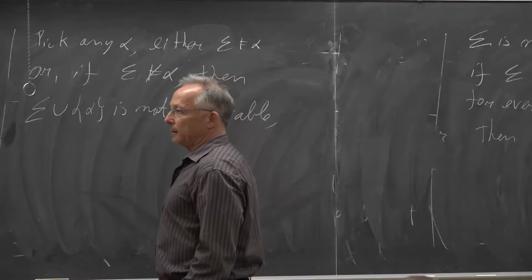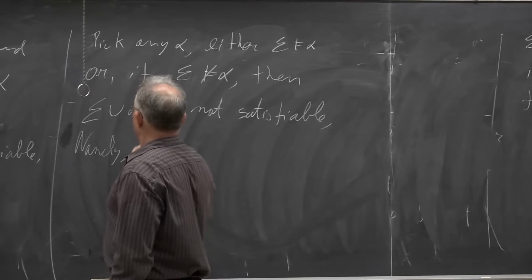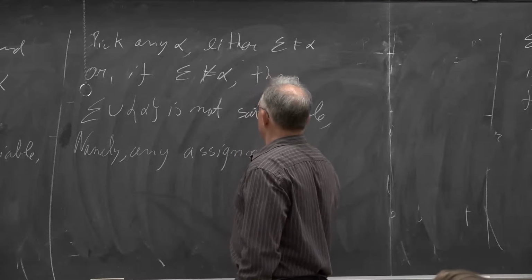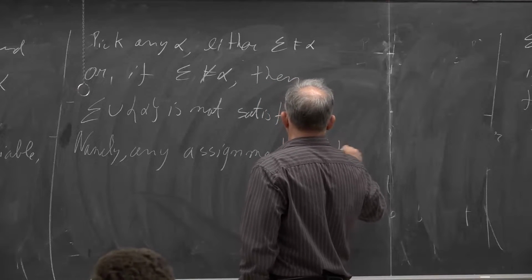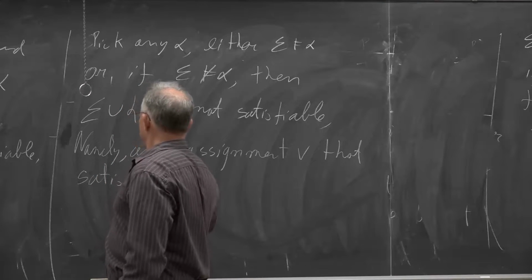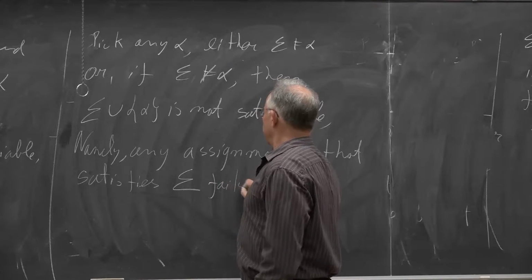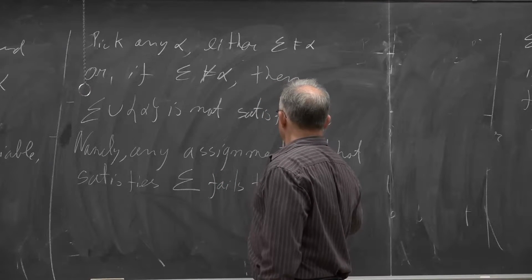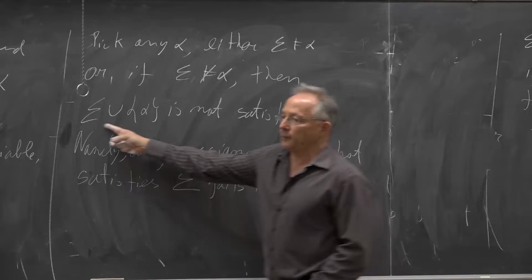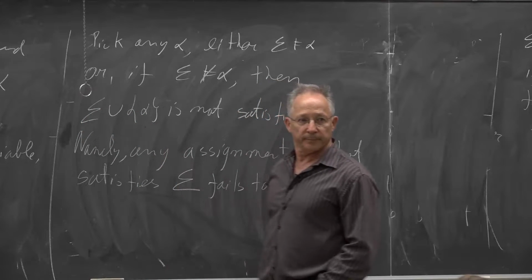What does it mean? Namely, any assignment V that satisfies sigma fails to satisfy alpha. I cannot find someone that satisfies all of them. So whenever I succeeded on this side, I'm failing on this side.